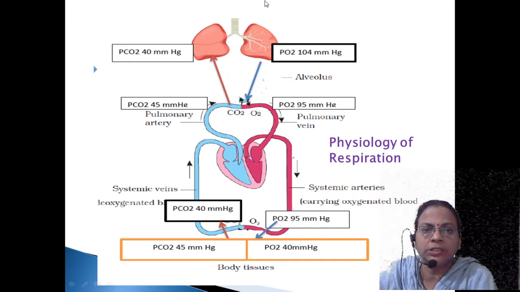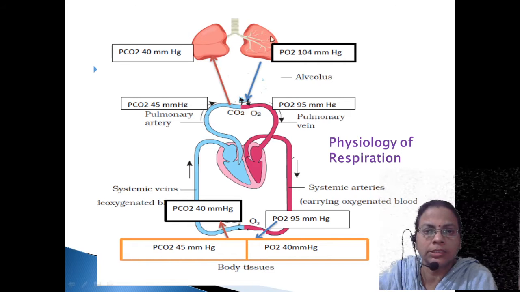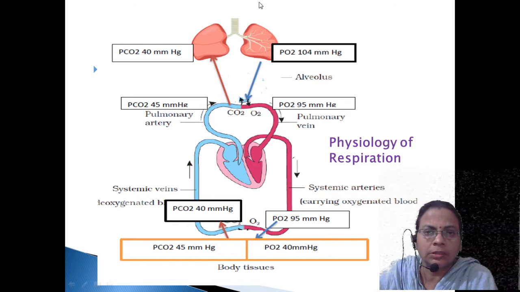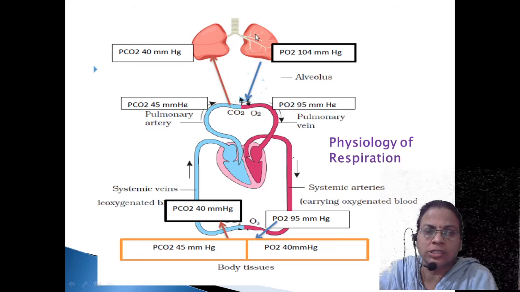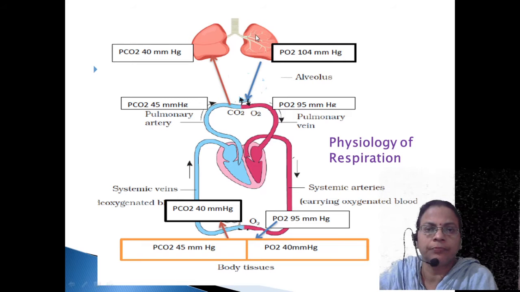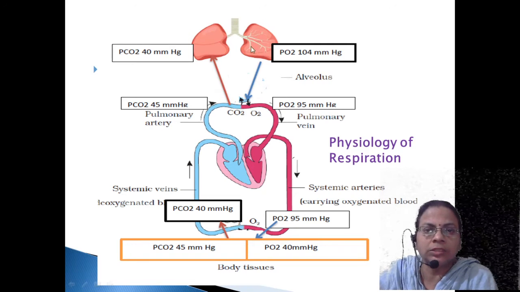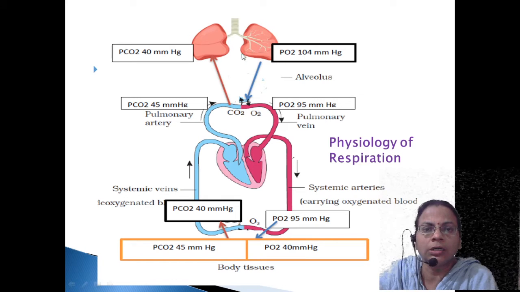So when a person is breathing in, the pressure gradient exists. Outside there is more oxygen, 159, and inside the lungs it is 104. So oxygen will rush in to the lungs.